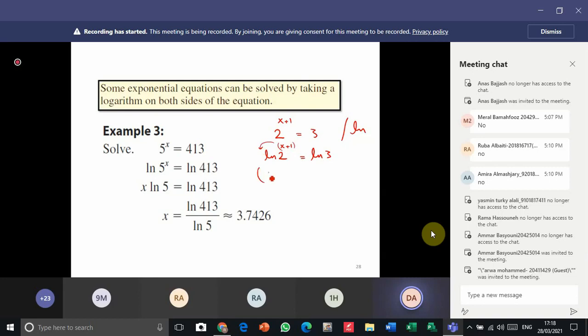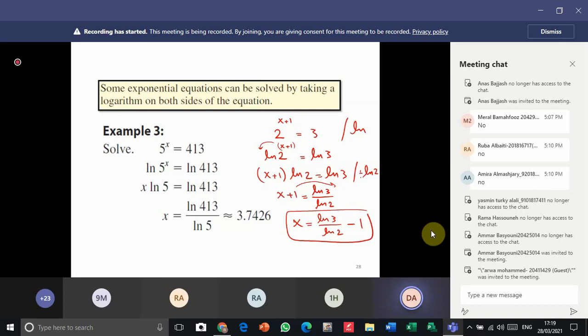So we have x plus 1 outside, ln 2 equal ln 3. First, to remove ln 2, divide by ln 2. So we have x plus 1 equal ln 3 over ln 2. Now, put the 1 on the other side, so we have x equal ln 3 over ln 2 minus 1. This is the value of x.